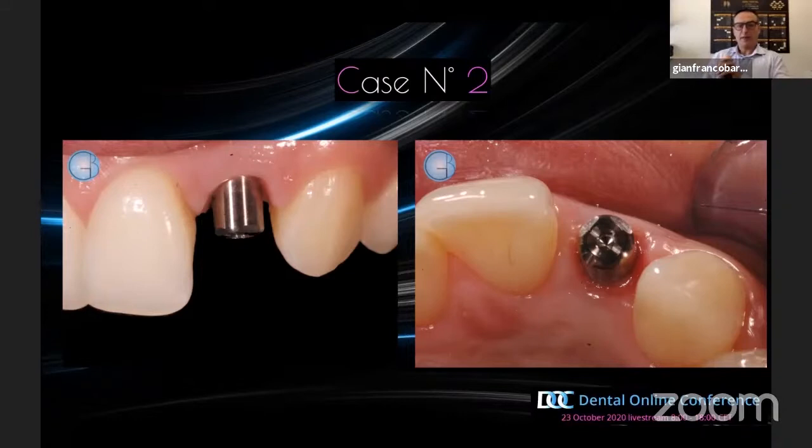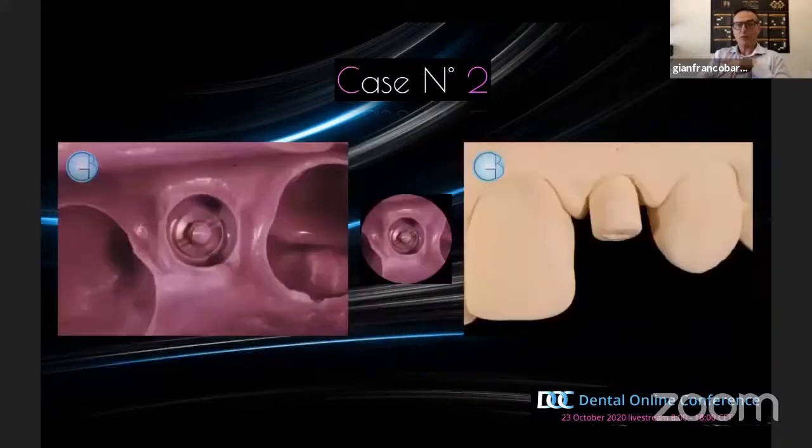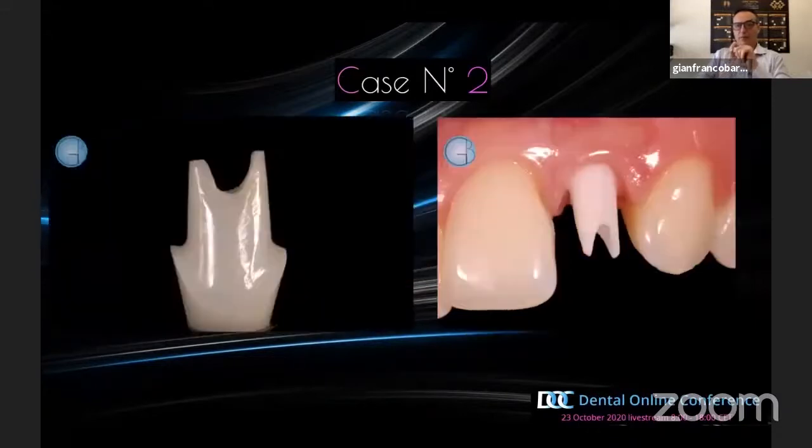But we can always start with a normal workshop, and then put on the same digital design. In this way, we do not scan the scan body, but we take an impression, and they scan our model, but the principle is the same.